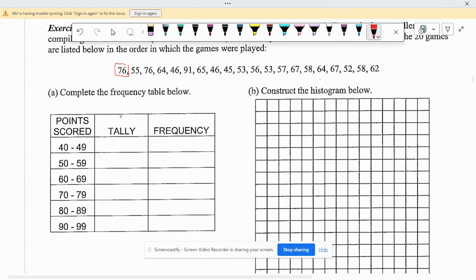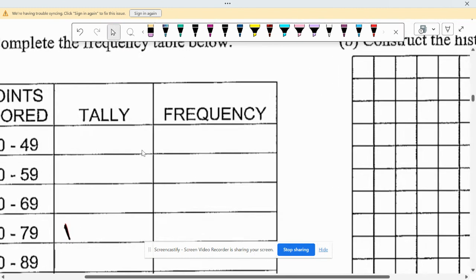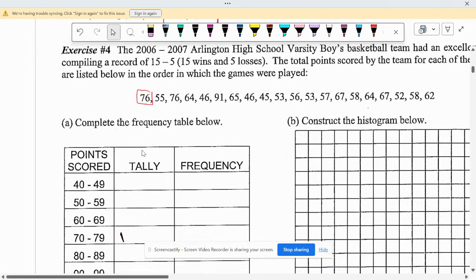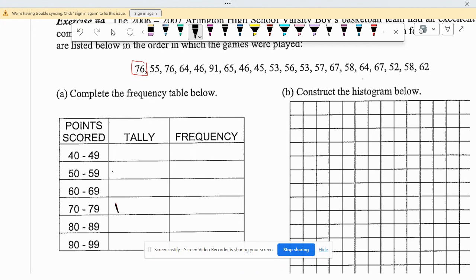Okay. So we had a score of 76. So I'm going to put a tally on the 70 to 79 range. Do you guys see that? We had a score of 55. So I'm going to put a tally. We had a score of 76, tally, score of 64, score of 46, score of 91, score of 65, score of 46, score of 45, score of 53, score of 56, score of 53, score of 57.